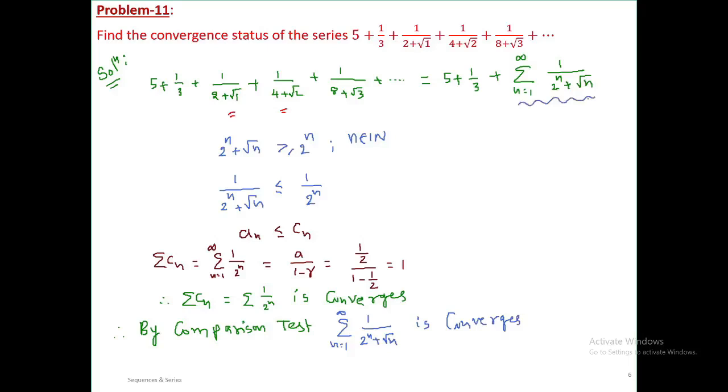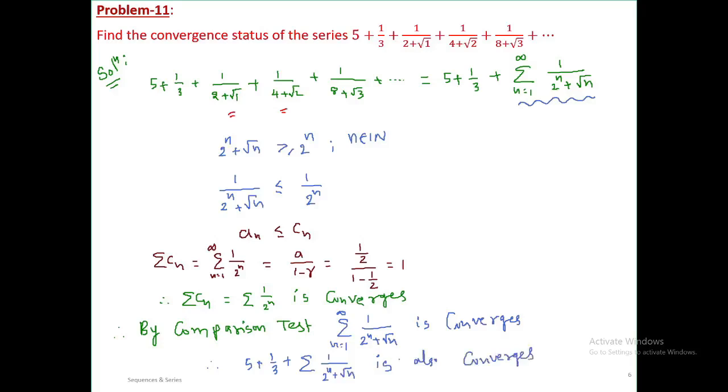Once it converges, what does it mean? The sum is finite. Finite plus 5 plus 1 by 3 is also finite. So overall, two terms we are adding, 5 plus 1 by 3 plus the sum of 1 by 2 power n plus root n, also converges.